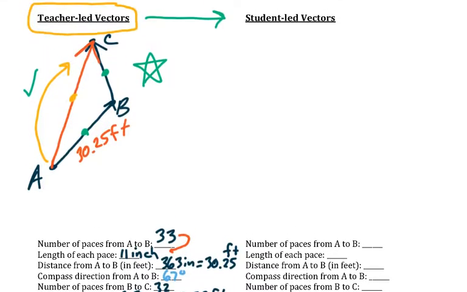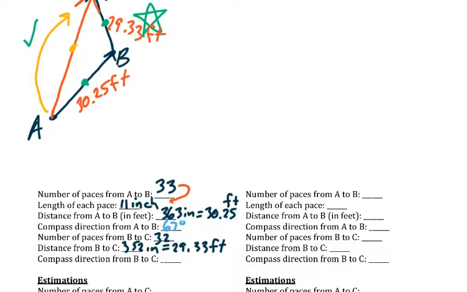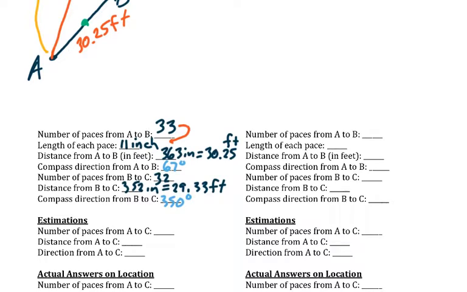That means this distance up here was about 29.33 feet. And my compass heading as I was walking from B to C, I know that my compass read 350 degrees. Great. So now I can take my vector A to B and my vector B to C and write that into component form.